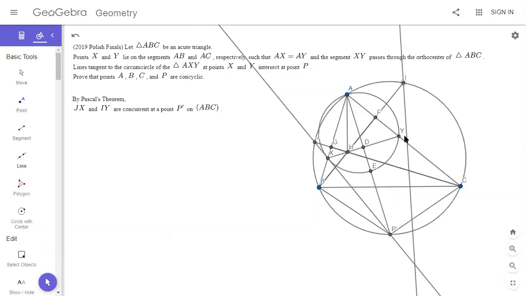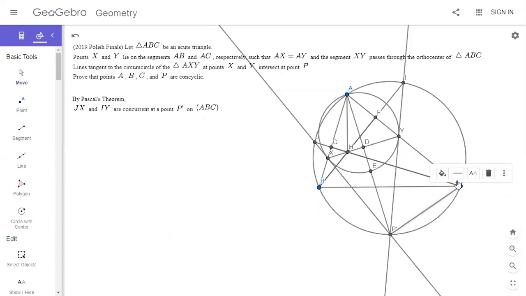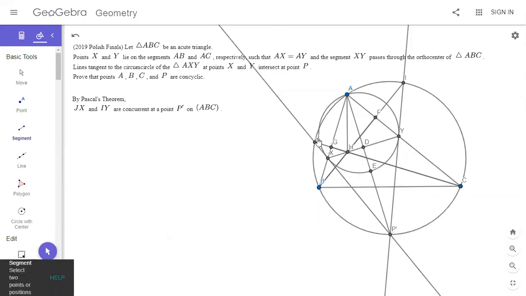So that's probably the converse of Pascal's theorem. We don't yet know it's the midpoint, but it's probably not that hard to prove, I would guess.